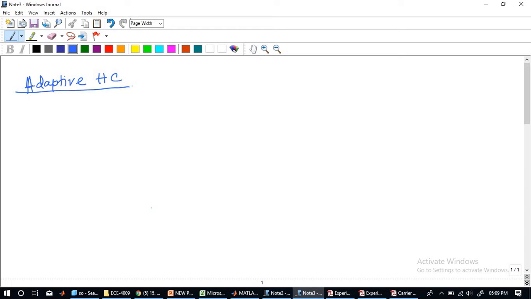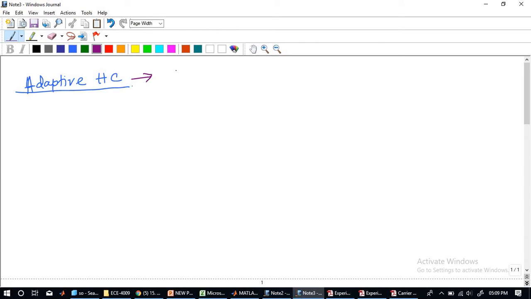One very important observation that we must agree with respect to Huffman coding, or for that matter any coding, is that this is basically the shortcoming of Huffman and why we are going for an adaptive Huffman.